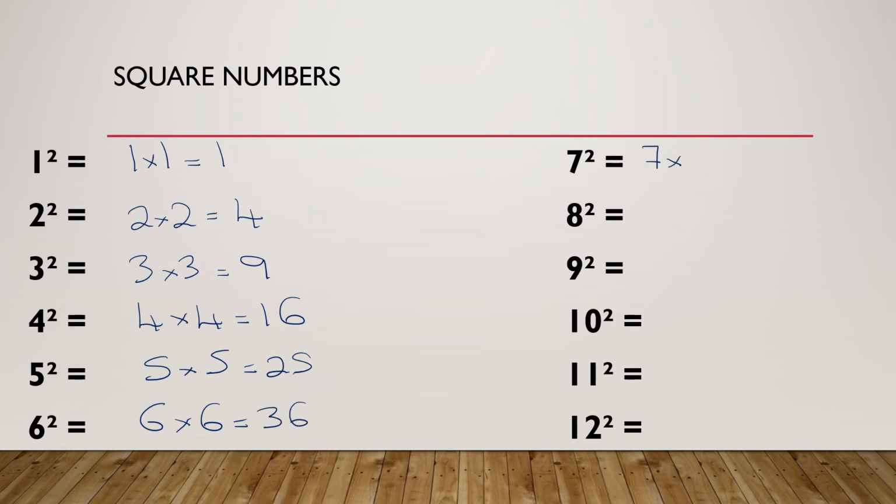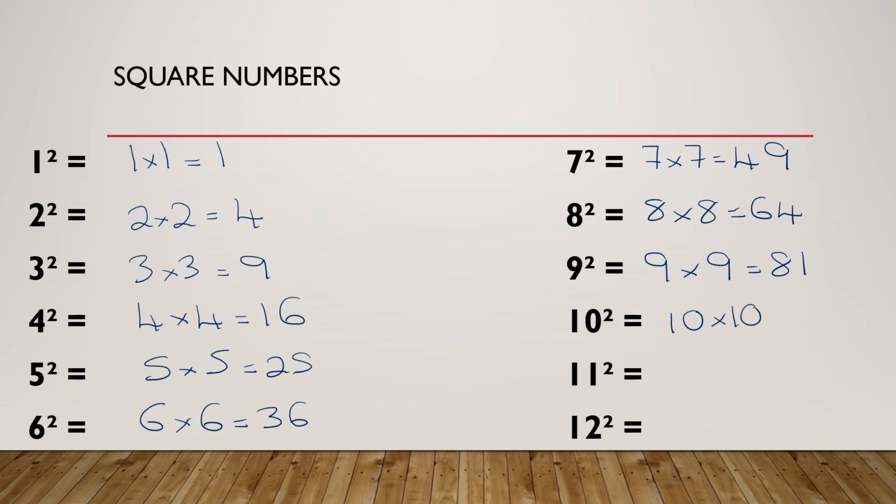7 squared is 7 times 7, which gives us 49. 8 squared is 8 times 8, which gives us 64. 9 squared is 9 times 9, which gives us 81. 10 squared is 10 times 10, which gives us 100. 11 squared is 11 times 11, which gives us 121.